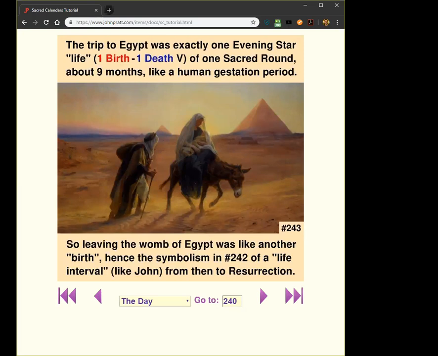We've already seen that the day that Jesus went to the temple and was blessed was like a birthday at age 40 days as a baby. That was like his birth on the uniform Enoch calendar. This is like his birth on the Venus calendar.